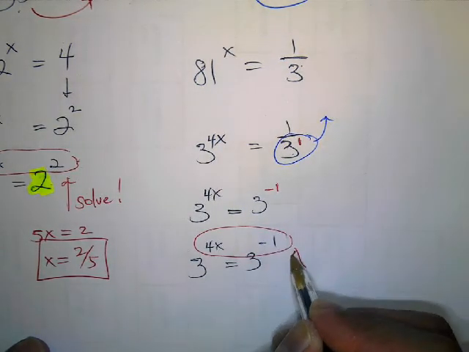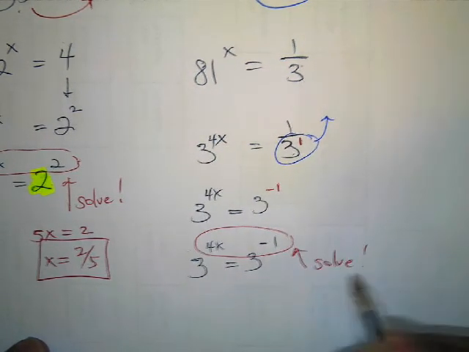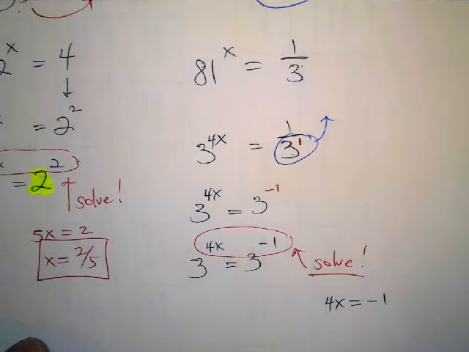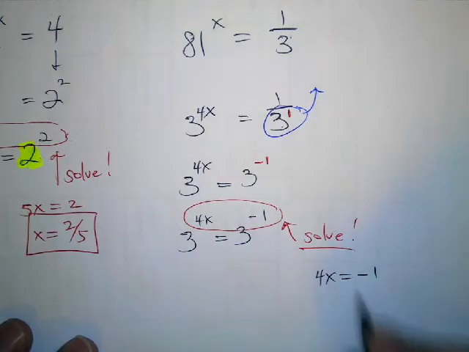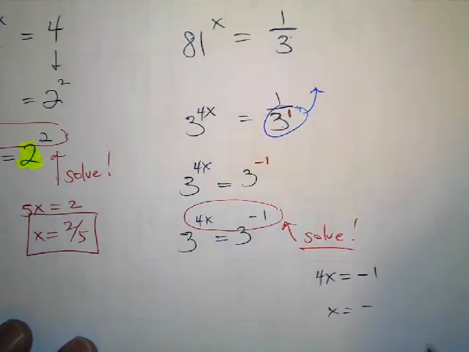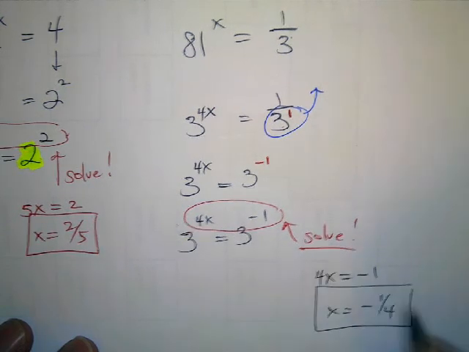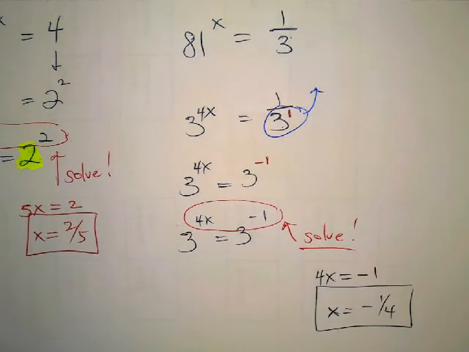All right, I got the same base. Now we just solve right here, right? Well, 4x is equal to negative 1. That's going to be x is equal to negative 1/4.